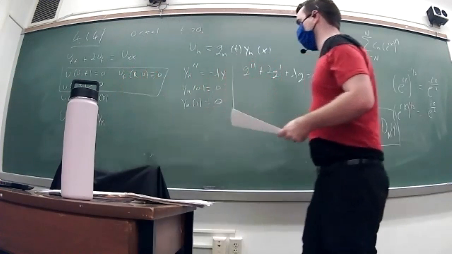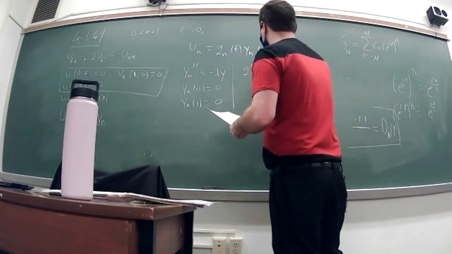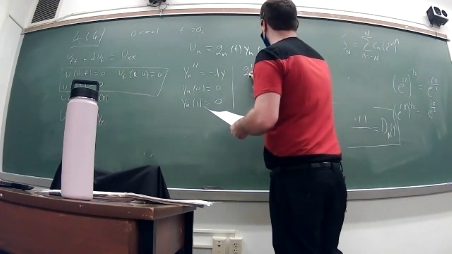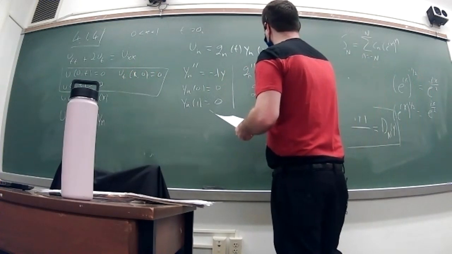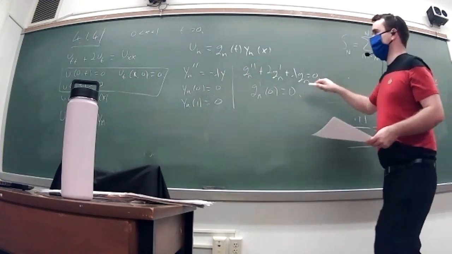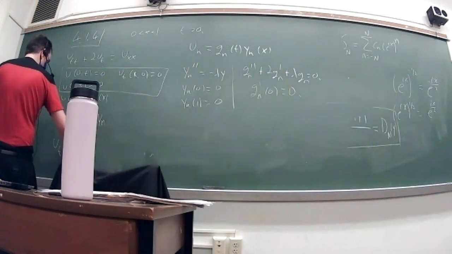This is a Sturm-Liouville problem, and this leads to g prime, I guess I could have put in the n's, 0 equals 0.